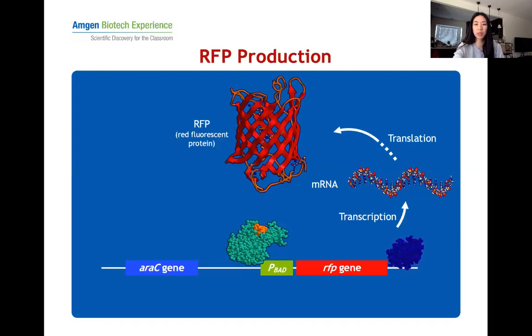And then the RFP protein would get made. This is actually what it would look like. So the araC gene, once again, codes for this protein, which acts like an activator, but only if arabinose is present, only if the sugar is present.